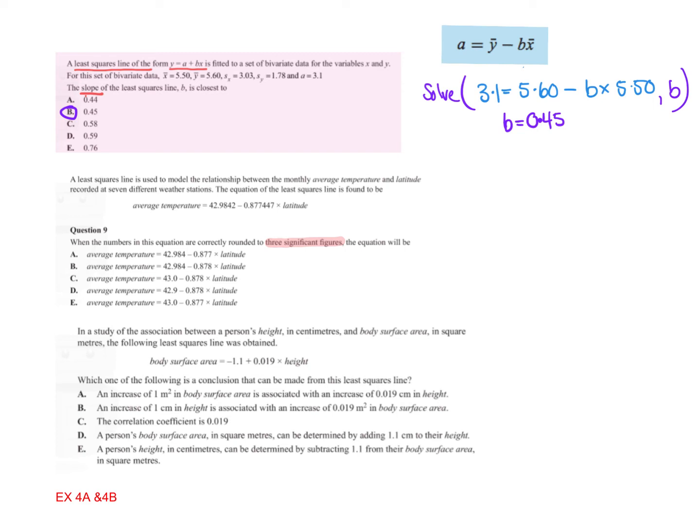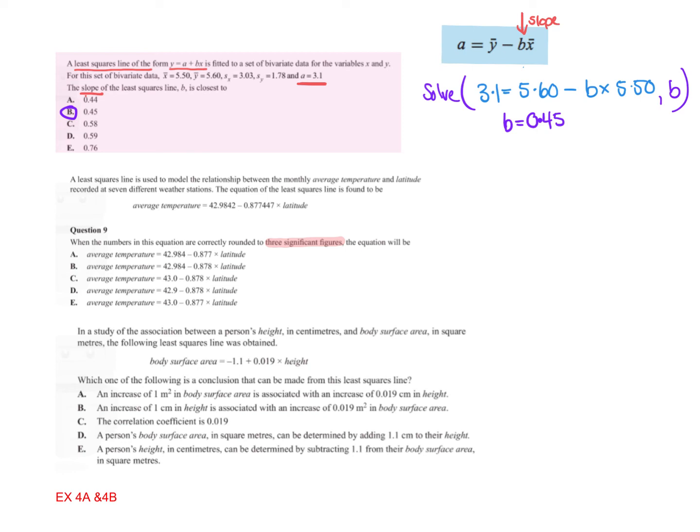If you look, they gave you the A value. So the only way I can find the B, which is the slope, is by using that A value formula. And once again, I pop all the data in and I'll do solve. So somehow you're going to be able to use one of the formulas to work it out.